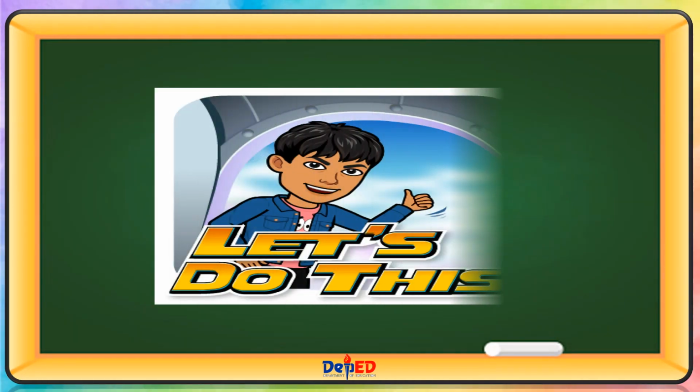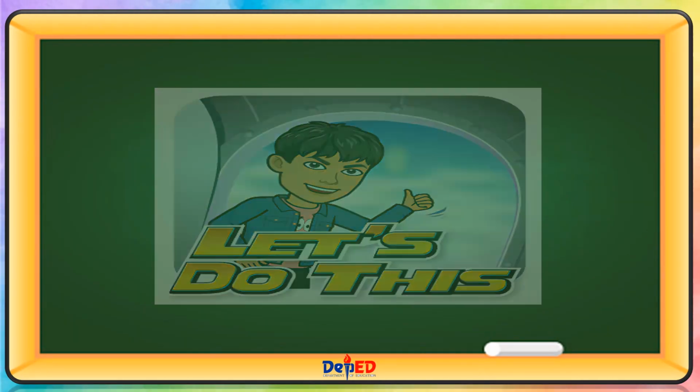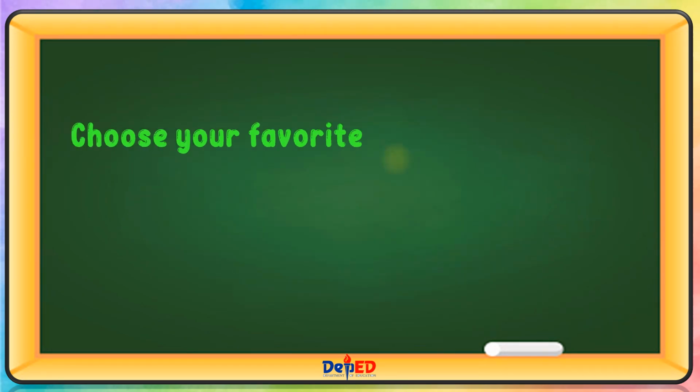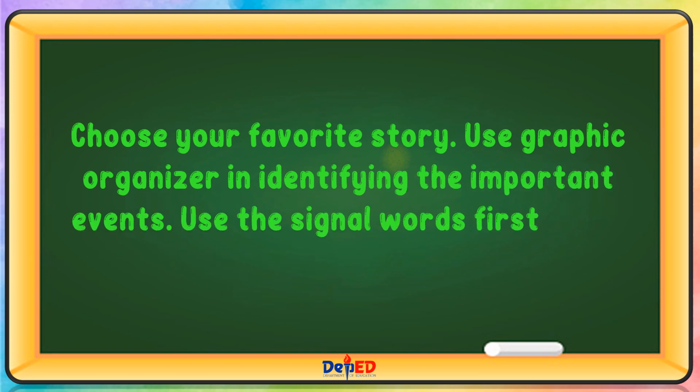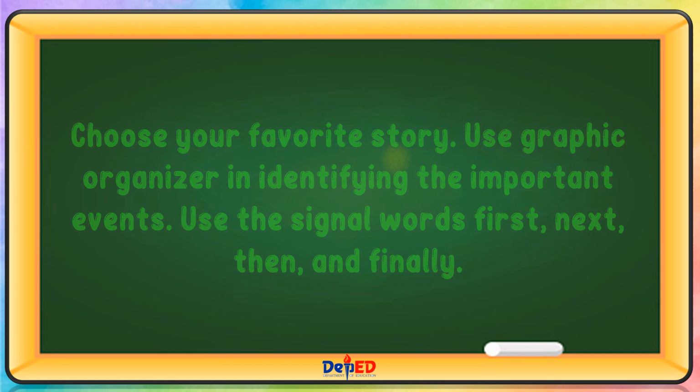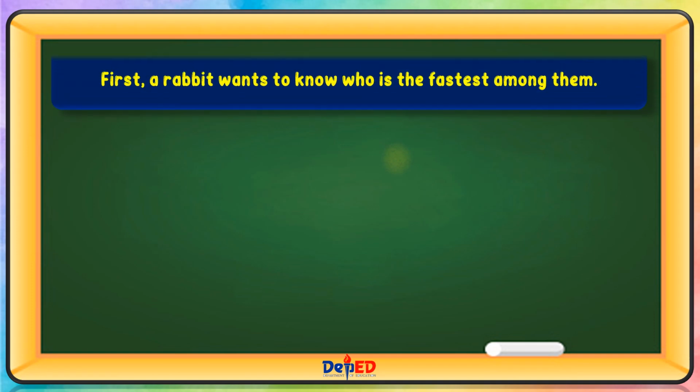Let's do this. Choose your favorite story. Use a graphic organizer in identifying the important events. Use the signal words first, next, then, and finally. First, a rabbit wants to know who is the fastest among them.